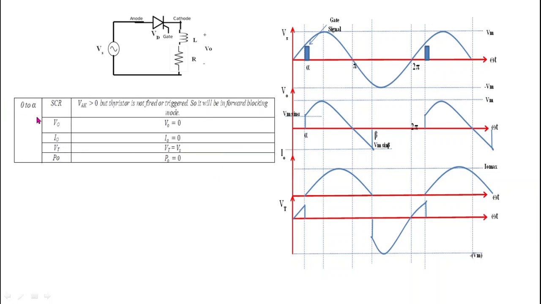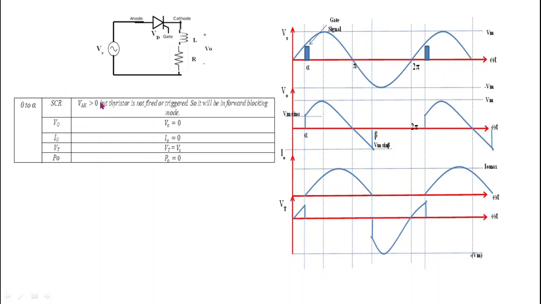From 0 to alpha, the positive cycle of the sinusoidal waveform is applied to this thyristor. So when the positive cycle is applied, this thyristor receives positive potential at its anode. When this thyristor receives positive potential, then the anode to cathode voltage, that is VAK, becomes greater than 0.